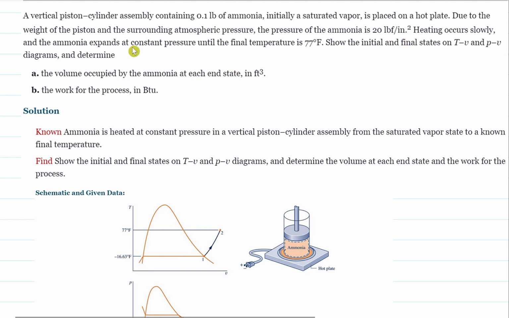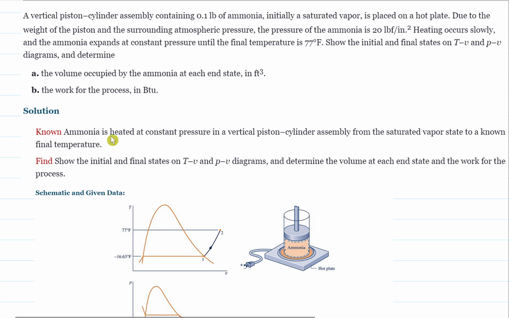Heating occurs slowly, and the ammonia expands at constant pressure until the final temperature is 77 degrees Fahrenheit. Show the initial and final state on a T-v and P-v diagram and determine the volume occupied by the ammonia at each end state in cubic feet. Also determine the work for the process in BTU.